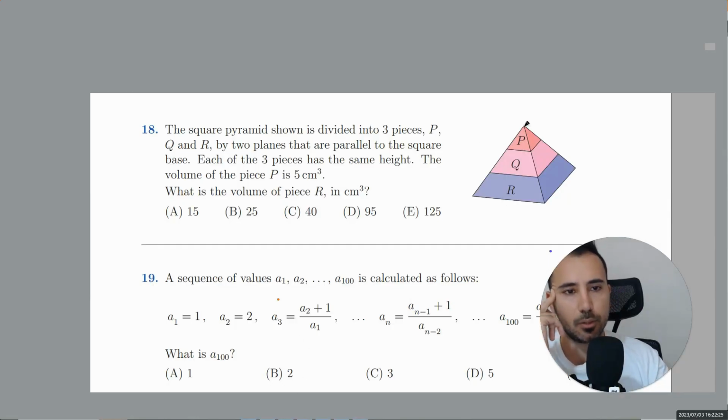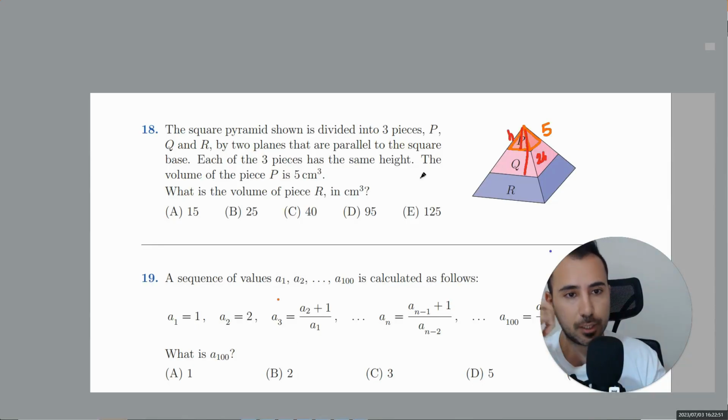Okay, so as I said, the volume of this is 5. And he said if the volume of this is, for example, H, the volume of the Q will be 2H. So you see that we have the ratios and the shapes are completely similar.